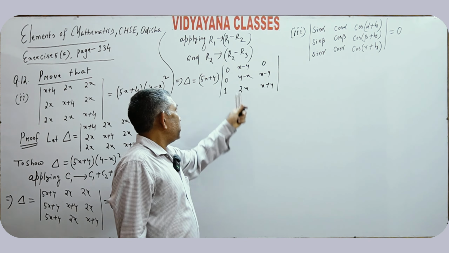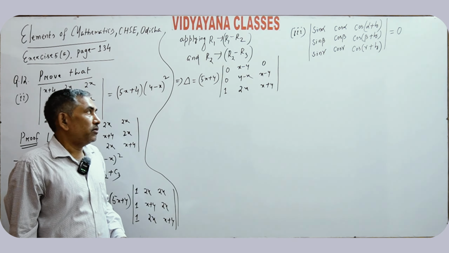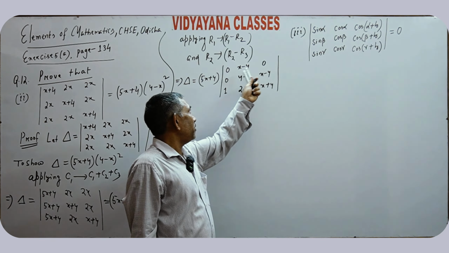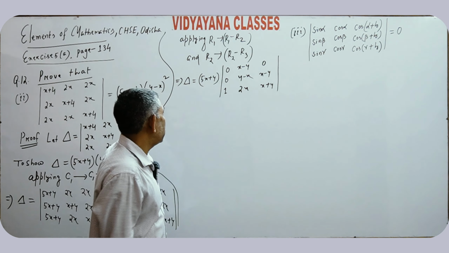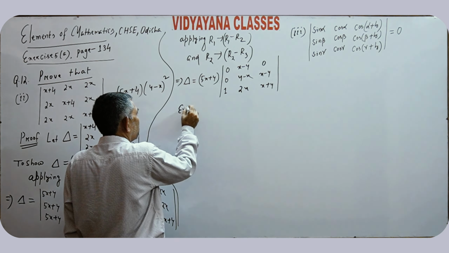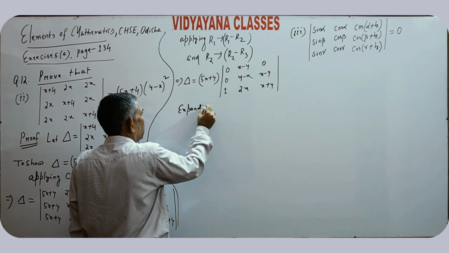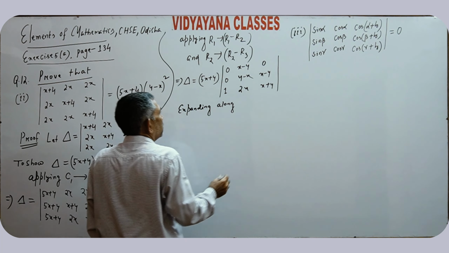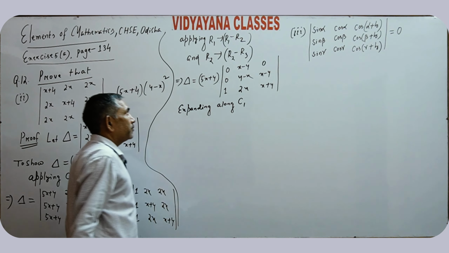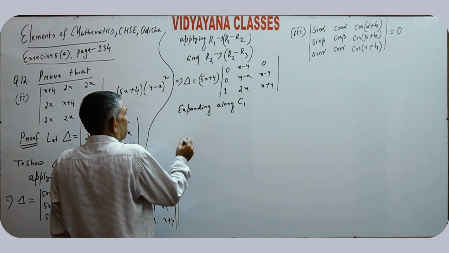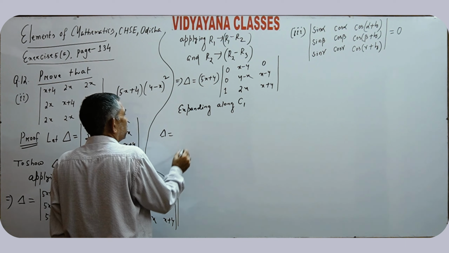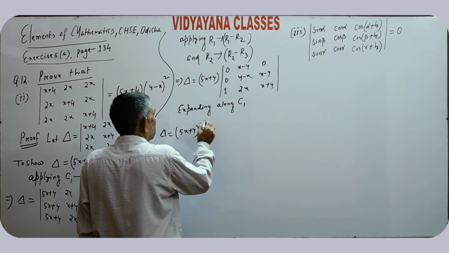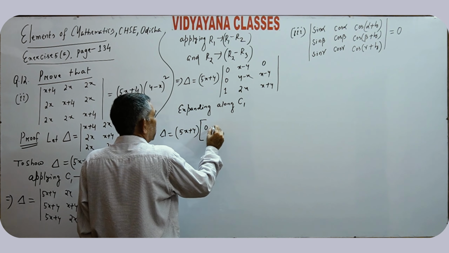Row 1 contains 2 zeros, column 1 contains 2 zeros. We can expand along row 1 or column 1. Expanding along column 1, del is equal to 5x plus 4, 0 minus 0.